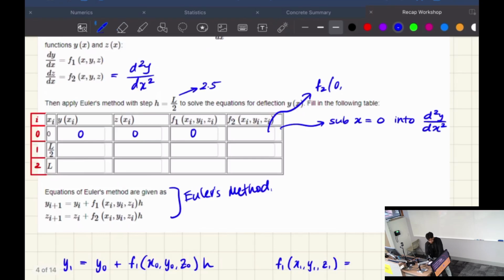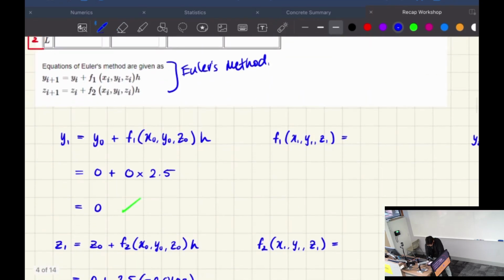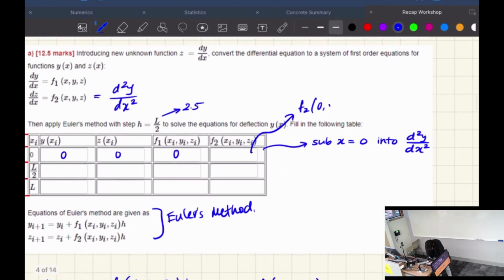Since f2 is not in terms of y, it's only in terms of x, it doesn't matter what the y and z values are, right? So we're trying to find out at the point x equals 0.